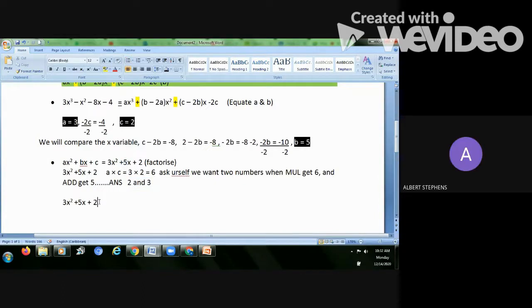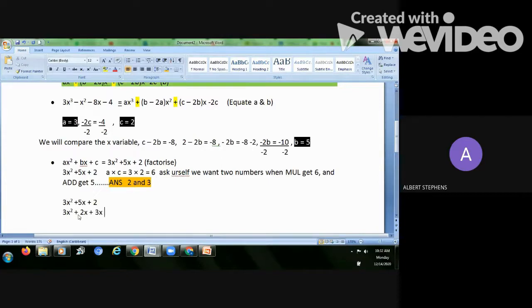All right, so the next step is that you're going to find the two numbers. You're going to worry about the first term. The first term is what? 3x squared. The two numbers we worked out a while ago, you're going to drop them in now. So that's 2x and 3x. It doesn't matter which one I put first.